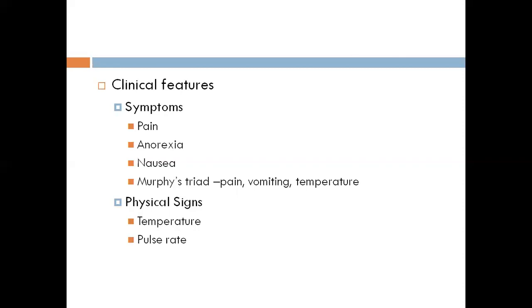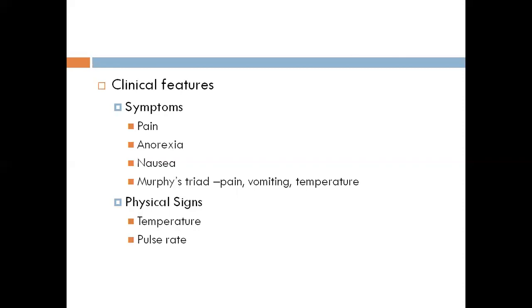So this distension in turn stimulates visceral nerve endings, so hence causing the pain. This pain is dull and diffuse in the region of umbilical and lower epigastric region, and this distension also stimulates peristalsis.